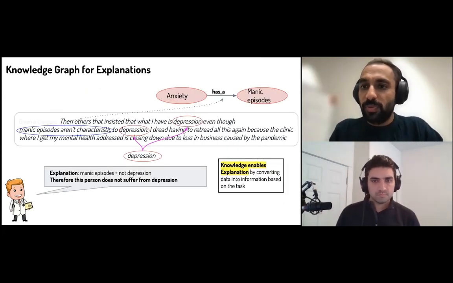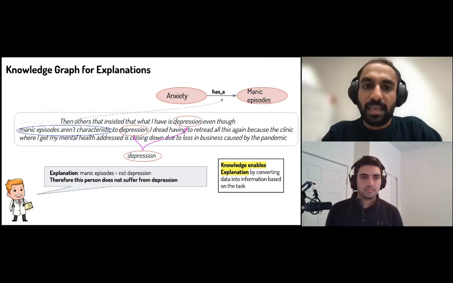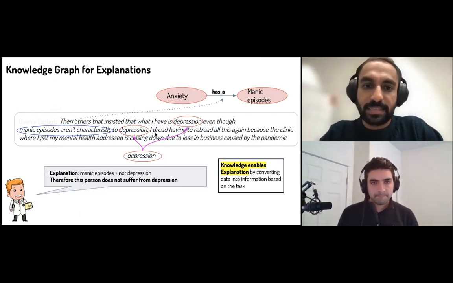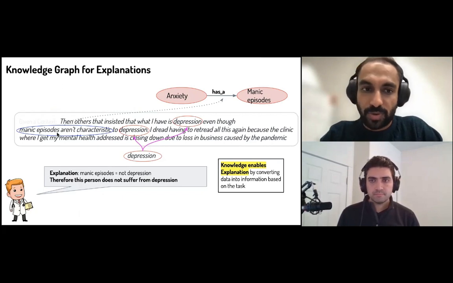Now, how do we make it into a format that is understandable in terms of machine learning? We pick entities. Let's say depression is one of the most frequently occurring entities, and manic episodes is another entity that can be extracted.